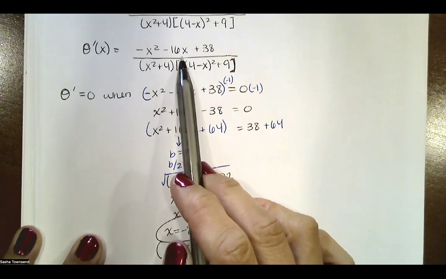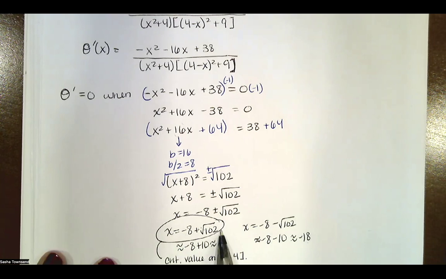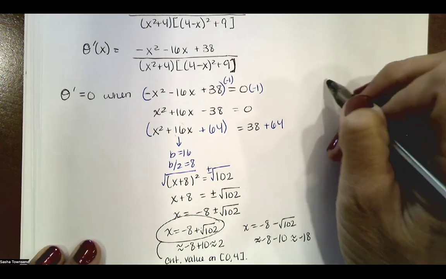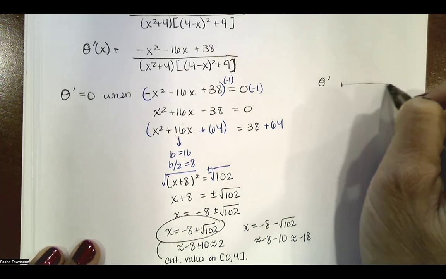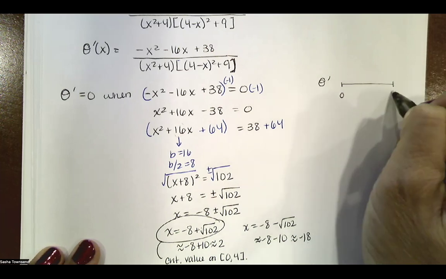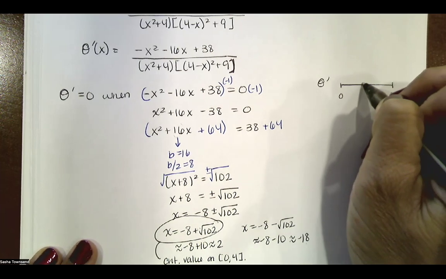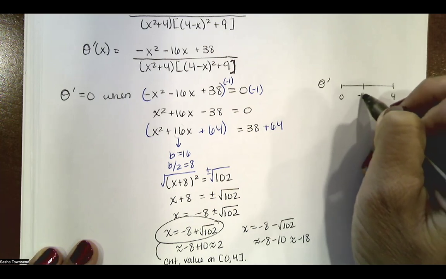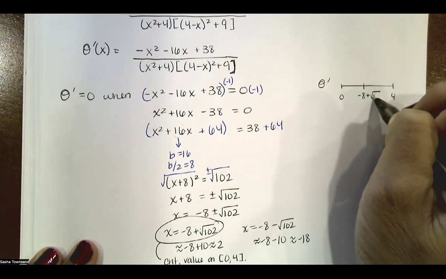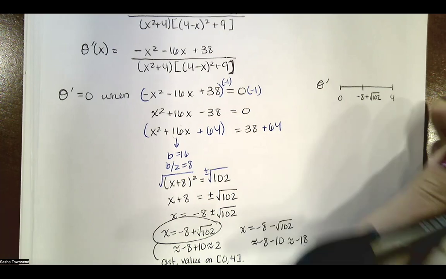And the question is, well, what is the sign of theta prime on the left and right of this particular x value? Well, to figure out the sign of theta prime on that interval, we make a sign chart, and we restrict ourselves to the interval from 0 to 4. And we'll look at x equals negative 8 plus the square root of 102, which is approximately 2.